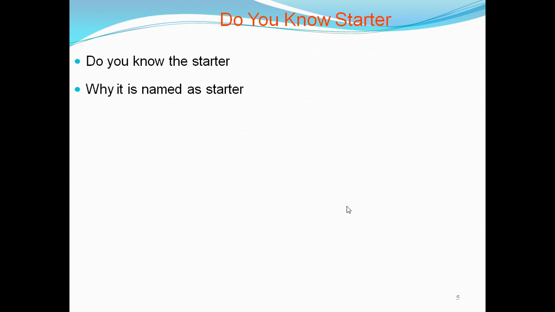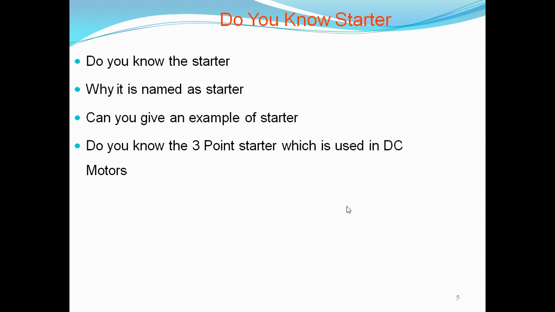As the name says, it starts the motor. We already studied in our previous class the DC motor starters, that is the 3-point starter.